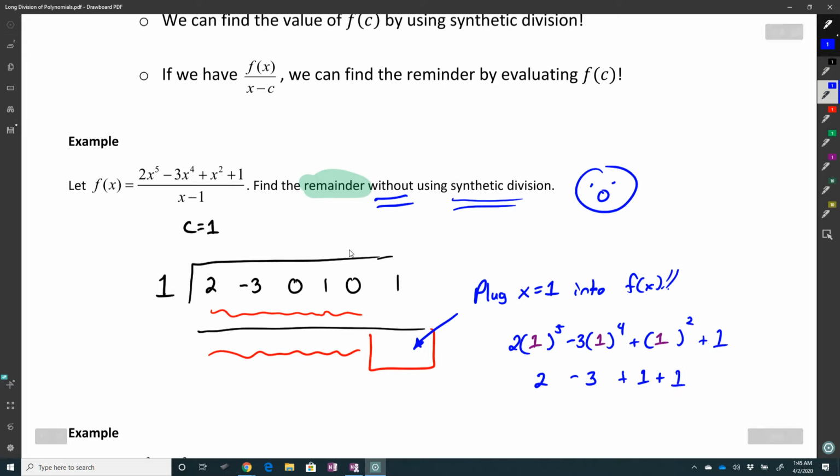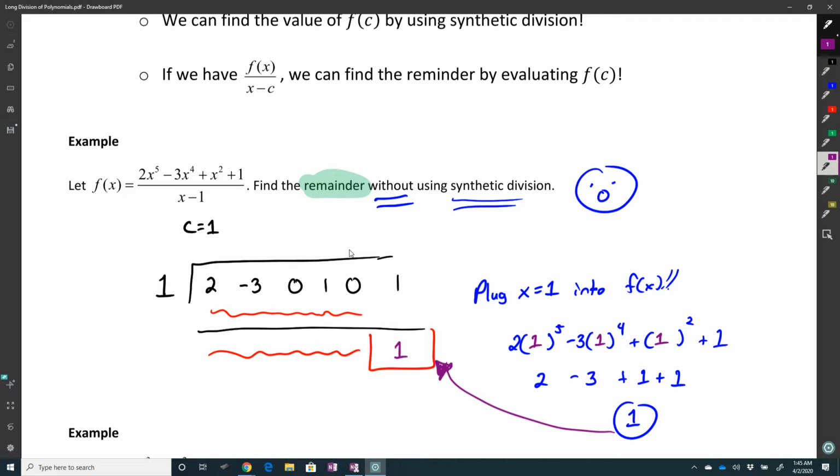So 2 minus 3 is negative 1. Negative 1 plus 1 is 0. 0 plus 1 is 1. And notice that that's what the answer is. So what they're saying is that I can figure out what the remainder is without doing any synthetic division at all. Now on the homework, it's really easy to cheat because you can do synthetic division anyway. But I would recommend that you don't because you want to learn the concept.